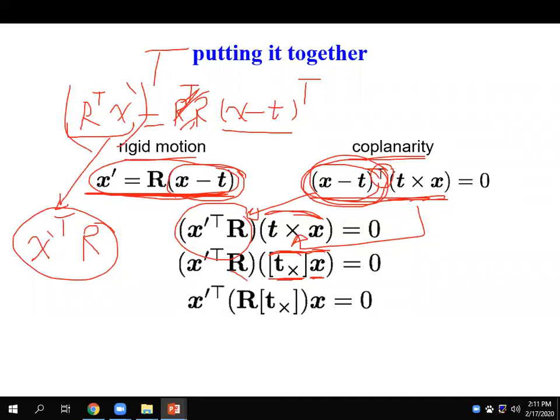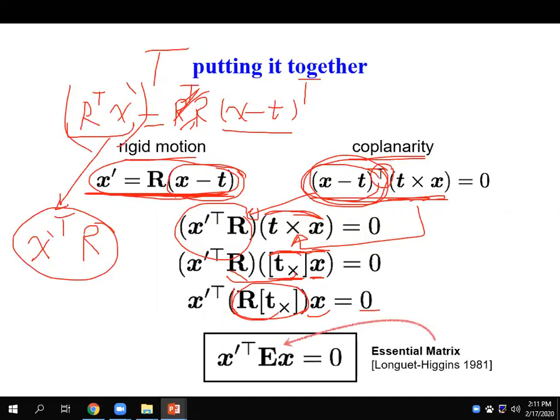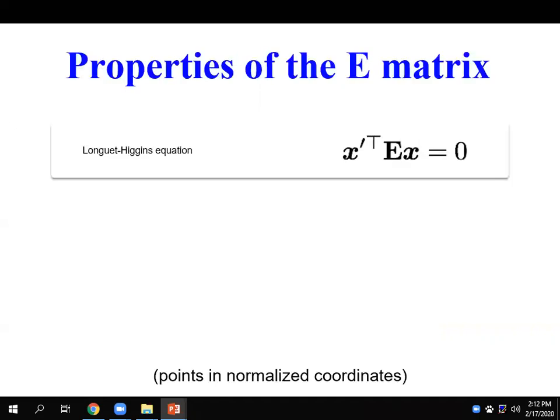Then just take this R with this T, put them in a particular parenthesis, and then X dash transpose multiplied by something multiplied by X is still equal to 0. This is what I will call the E matrix. So this is the essential matrix, which is this particular thing. So now I have the essential matrix such that X dash transpose E X is equal to 0.